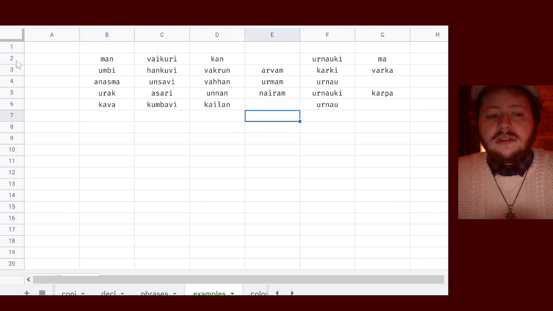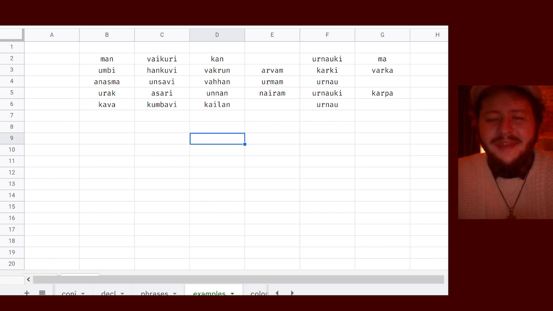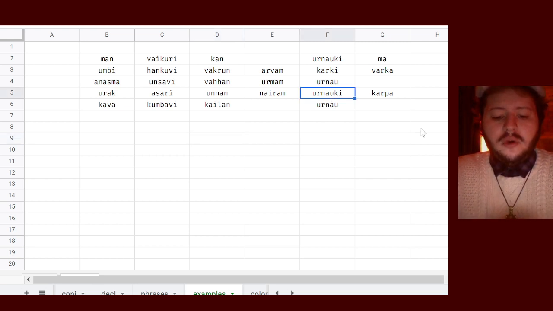But they work differently in this language because there's kind of only one verb. There's technically a few. I've made 2, and I plan on making a couple more for them. But they have less to do with which sense it is and more to do with how you're experiencing the sense. The typical one is this verb here, uranauki.